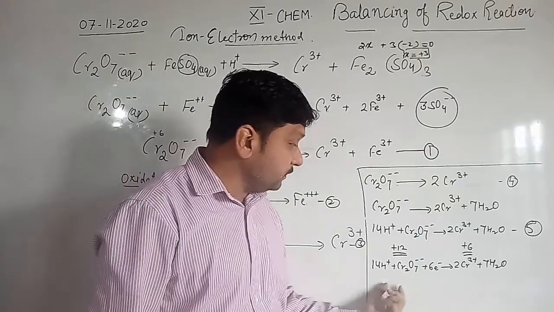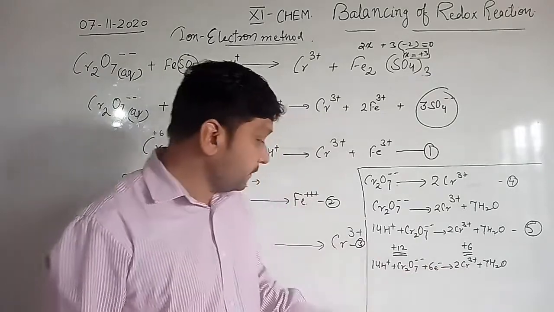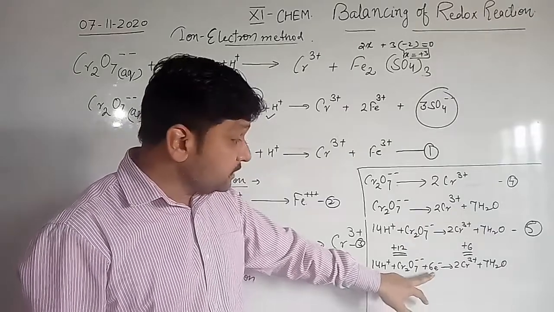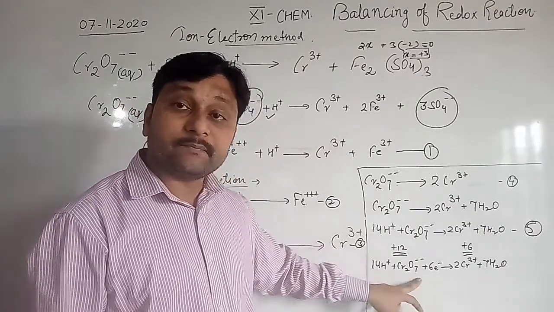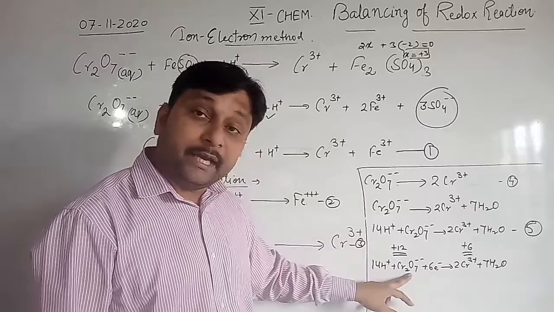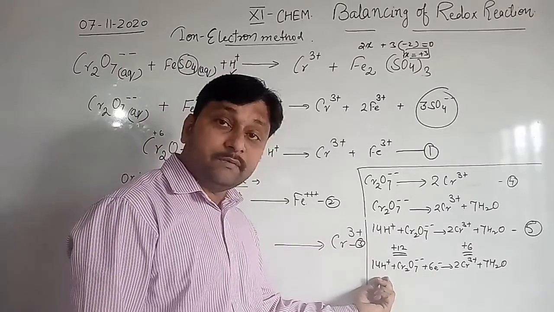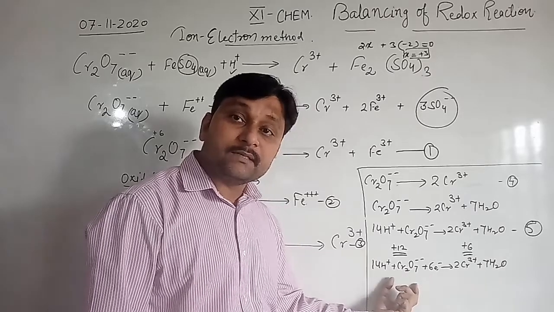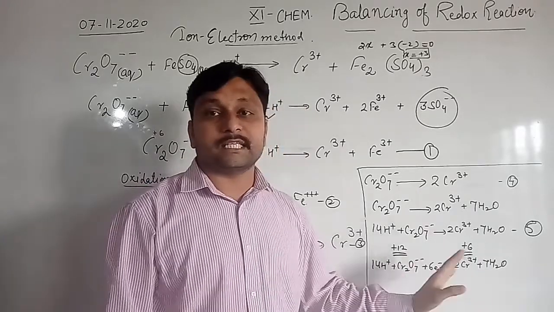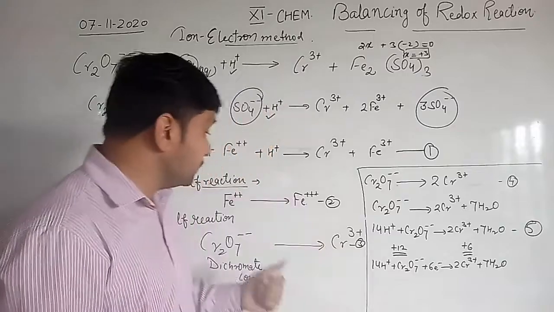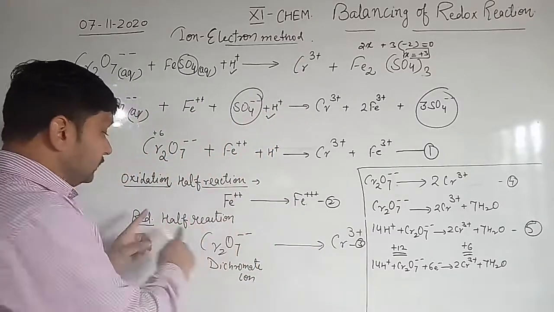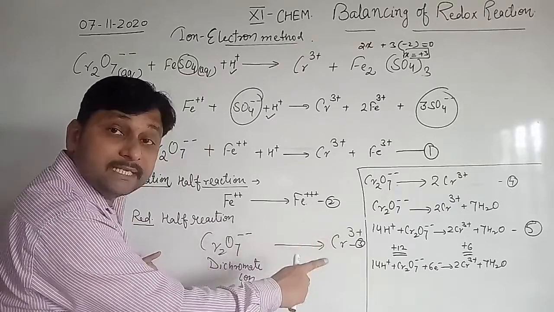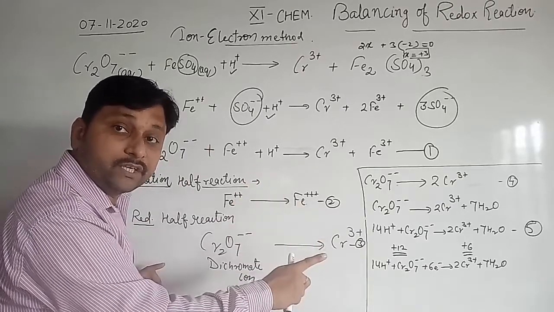Now you can check both sides, the charges are the same. 14 positive and 8 negative, that is 6 positive, and this side also 6 positive. This is the balanced reduction half reaction.